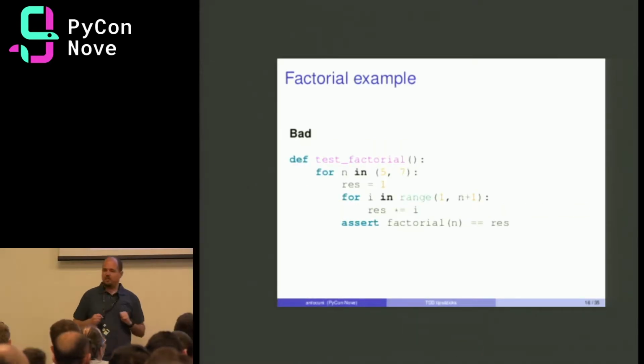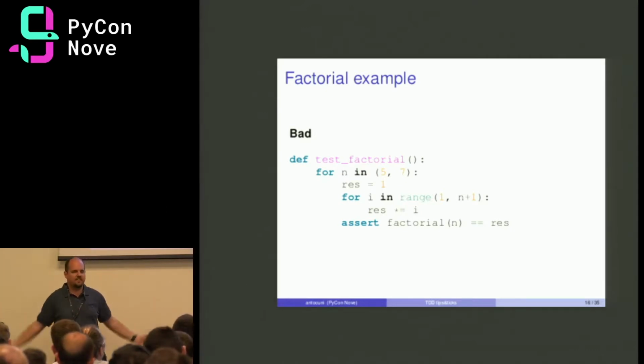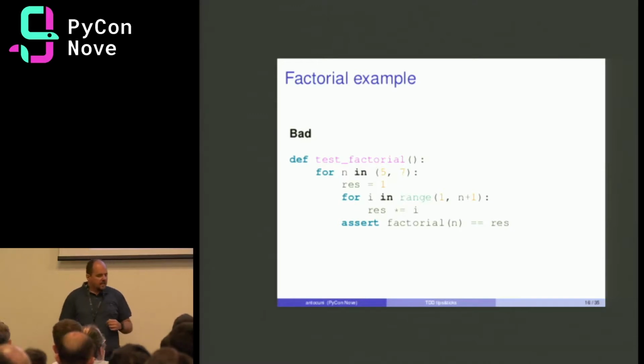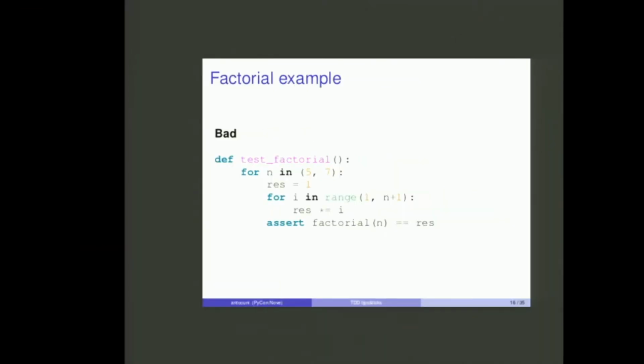So this is an example for testing a factorial function. Factorial is very easy. I think it's the easiest function I can think of, apart from the identity, maybe. And this is a test which checks, for example, that the factorial of 5 and 7 is computed correctly. What is the bad part about this test?